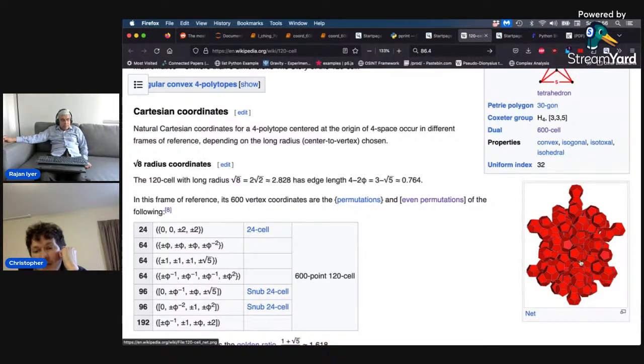And then we can do the same thing with the 600 cell and get back all of these points. So then we will know which particle of the 600 cell corresponds to which vertex in the 120 cell, which is important. And then we need to isolate them.